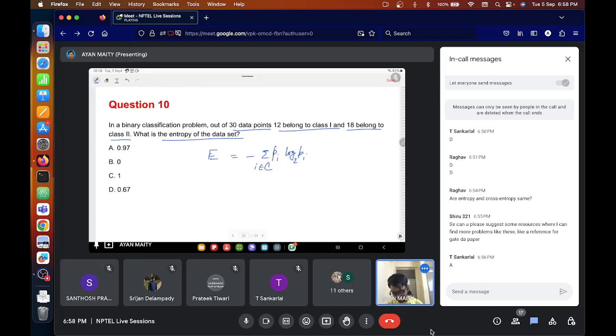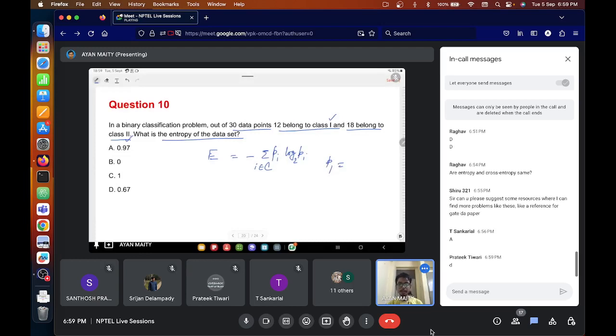So there are two classes, class 1 and class 2. P1 is simply the fraction of the data points that are in class 1. So 12 out of 30 are in class 1, and for P2 there are 18 out of 30, so 18 by 30. These are the only two things that we need to compute this entropy.